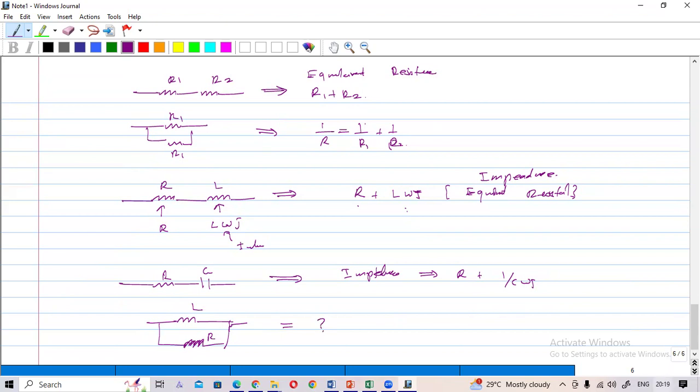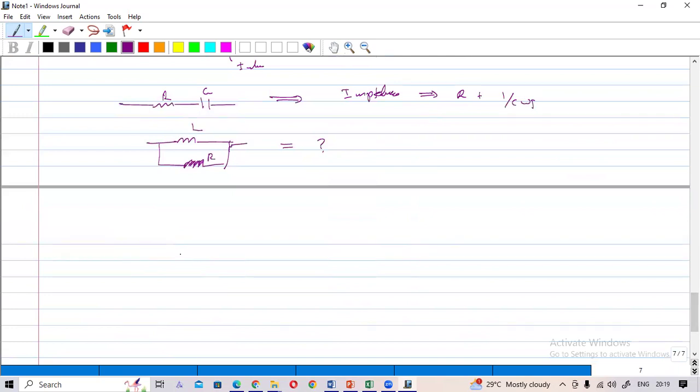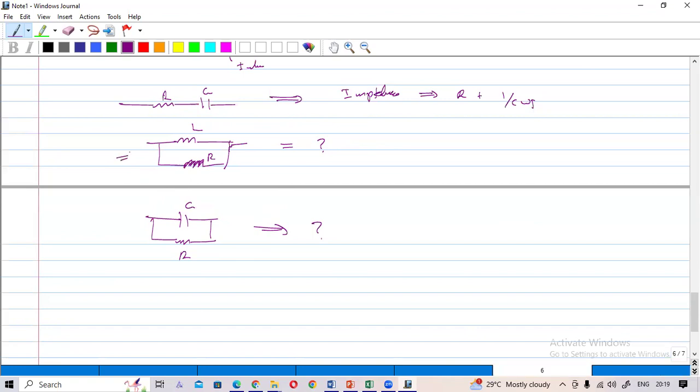In the same way, if we connect a capacitor in parallel with the resistor, here also maybe you can find the total impedance. Try to find this one and this one.